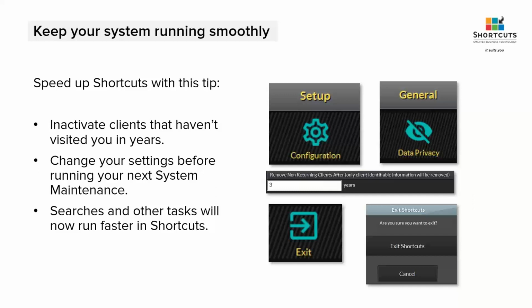So you'd go to Setup Configuration, and then I'm actually going to show you in just a moment, where do you remove non-returning clients? So if this customer doesn't have a future visit date and hasn't been in X number of years, the next time Shortcuts exits, it will ask you, okay, do you want to run system maintenance now? This is where Shortcuts will make all those clients inactive.